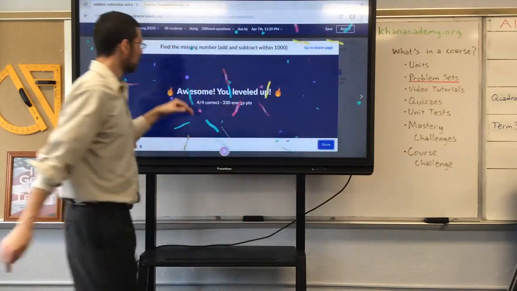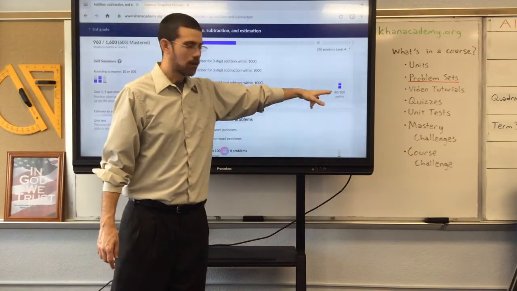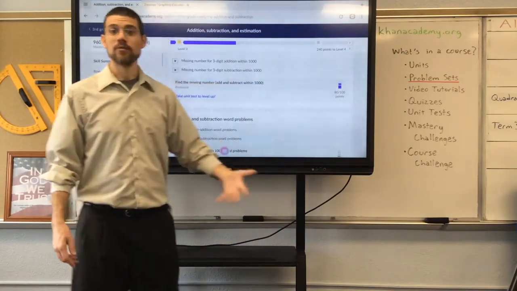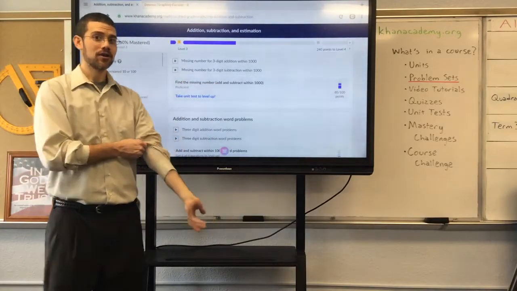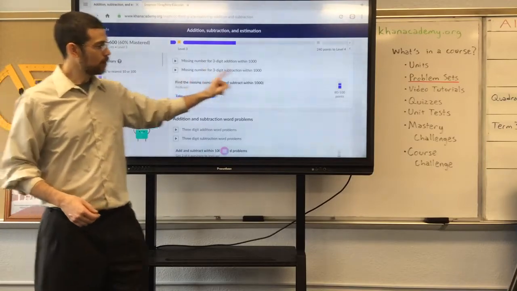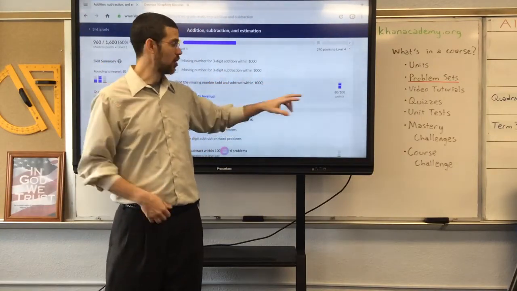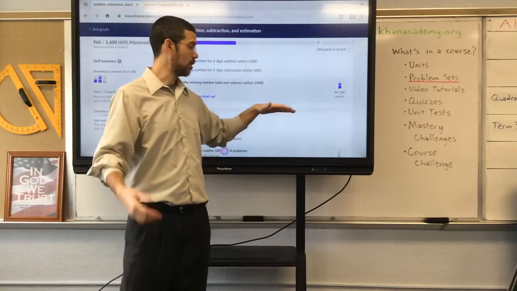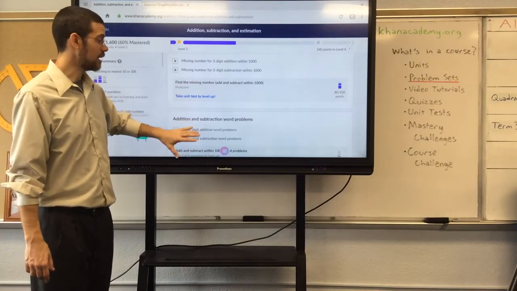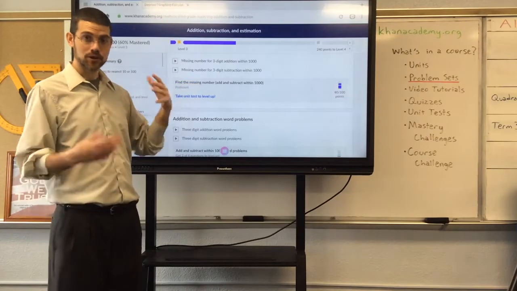And when we go back to the page that we were on, it shows that our mastery points went from 0 out of 100 to 80 out of 100. I don't get 100 out of 100 by getting all of them right on this problem set. In order to bump that up from being proficient, 80 out of 100, to being mastered, 100 out of 100, I have to go to the bottom of the unit, take the unit test, and get the problem of that skill type correct.